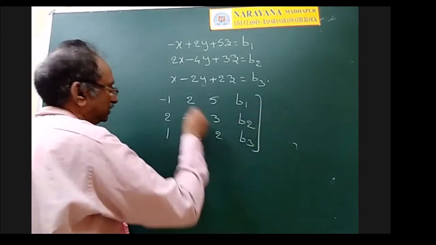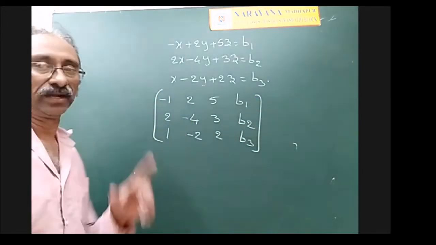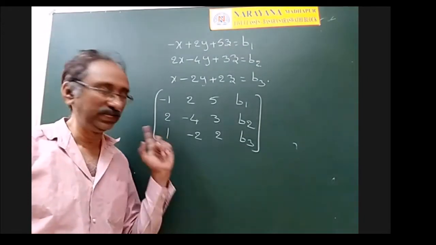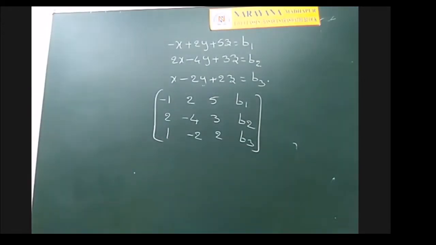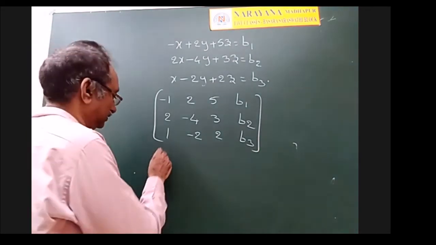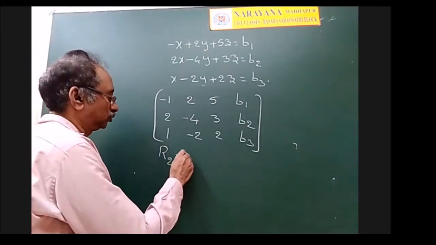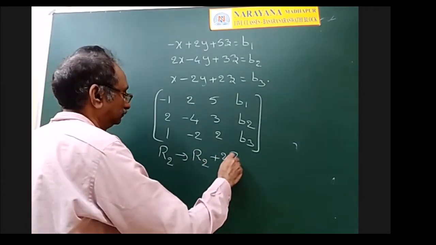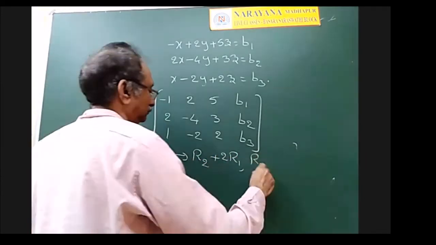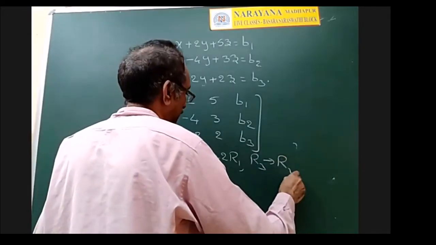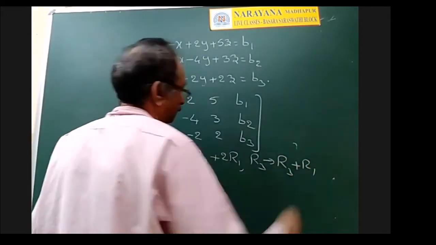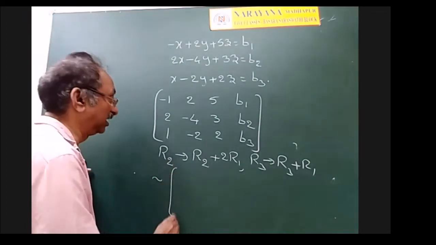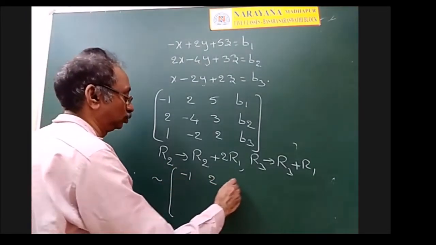Already the determinant is 0. The operations are R2 implies R2 plus 2R1, and R3 implies R3 plus R1.